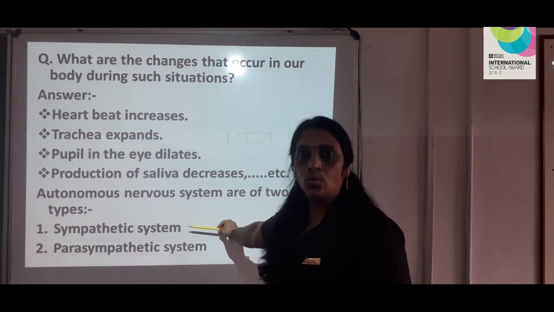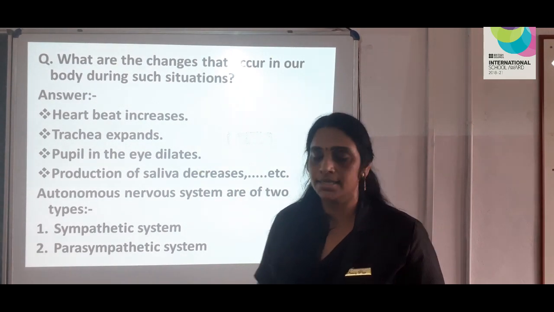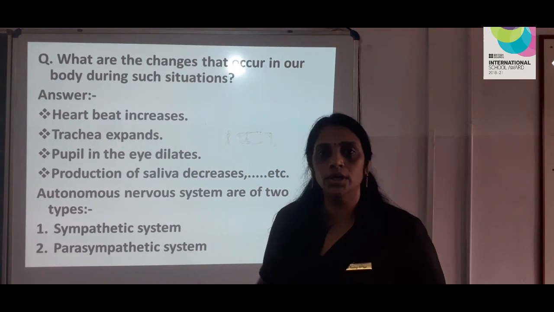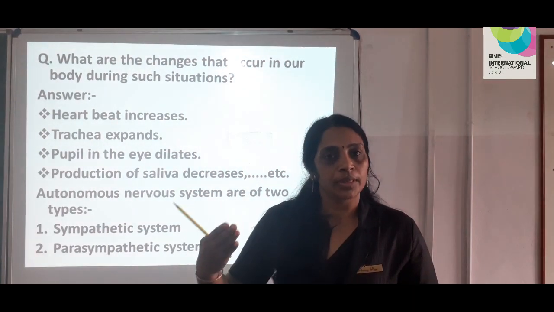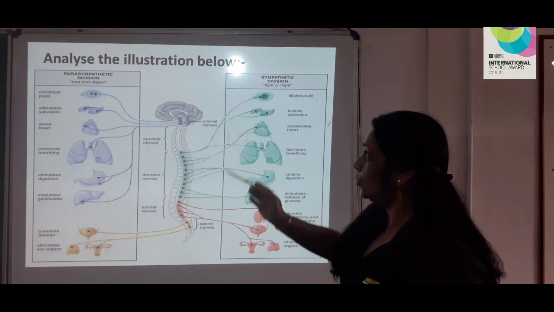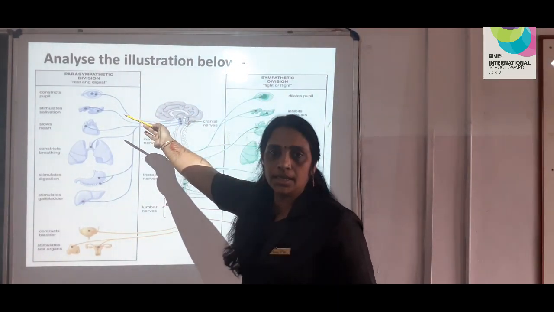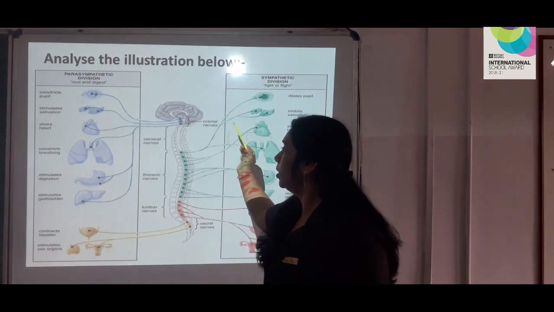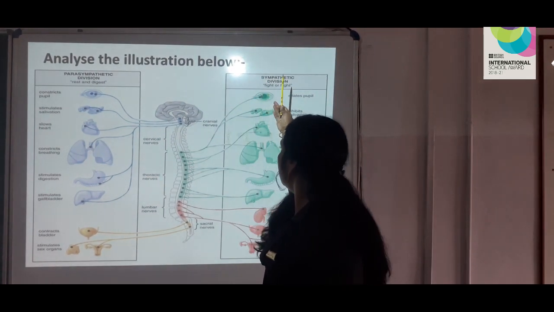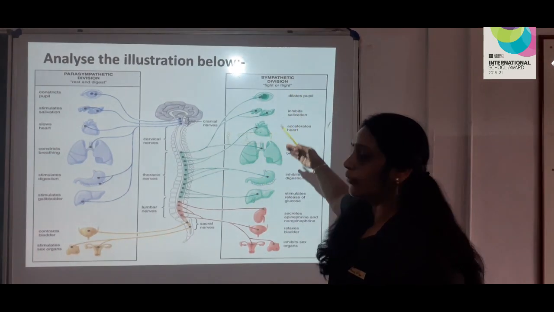Sympathetic works when emergency situations take place. Parasympathetic works when the situation is overcome, isn't it? Here you can see how the sympathetic and parasympathetic systems work in different parts of the body, in different organs.